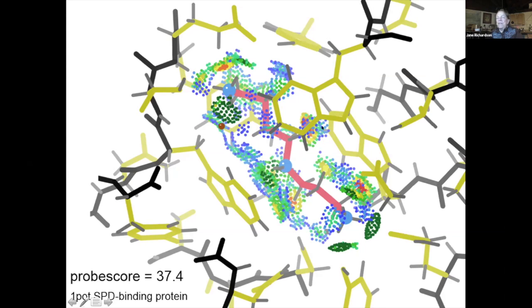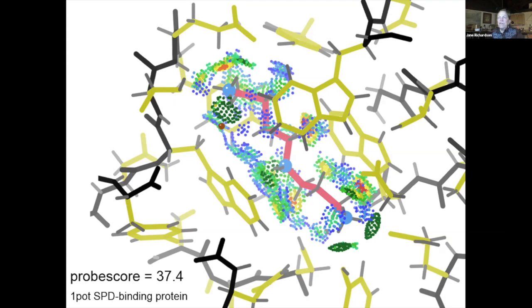And so this is showing one version of a good spermidine fit in a protein that is actually a spermidine binding protein. And it does a lot of it with van der Waals contact, actually. There are pairs of aromatics here that hold it. And this one gets a probe score of 37.